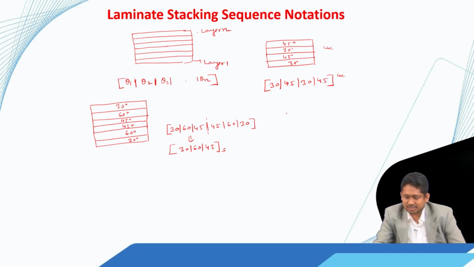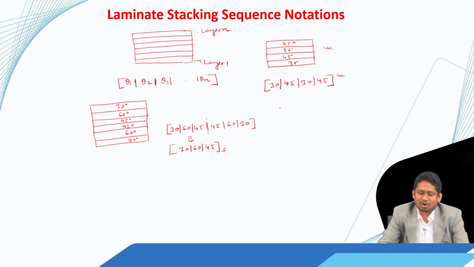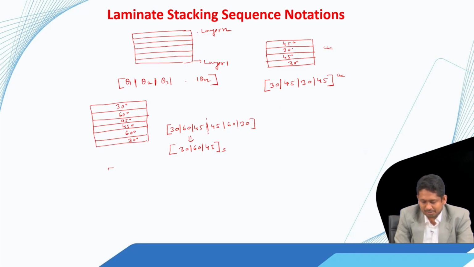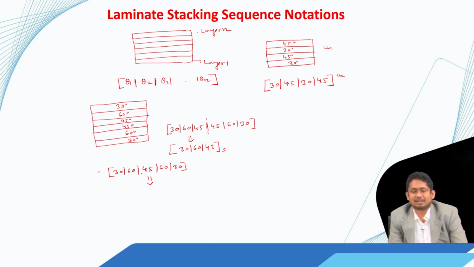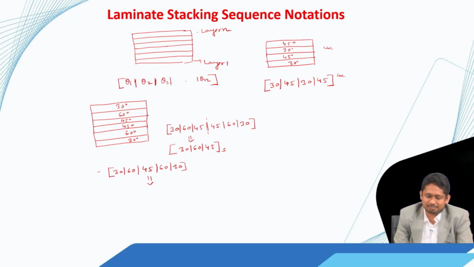Now, let us suppose that we have a laminate with an odd number of layers, but it is still symmetric. Something like this: 30, 60 and instead of two 45s, suppose we have one 45. We have seen before that we can still call it symmetric, because with respect to the middle of the mid layer, in this case the 45 degree layer, it is symmetric.